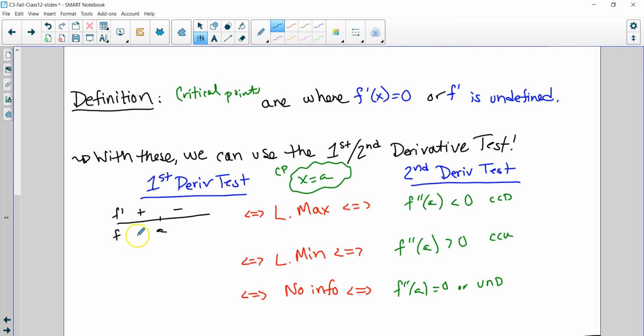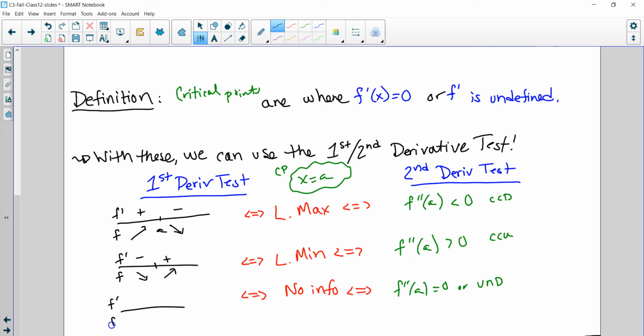And what the function would then do is be increasing and switch to decreasing, and there we can actually see that maximum occur. Similarly for the min, what we would see on that little sign chart of f prime and f is minus and plus, and then that would go from decreasing to increasing, hence seeing the min.